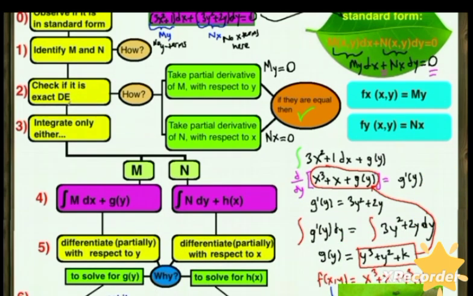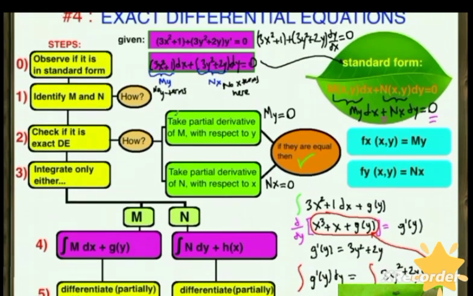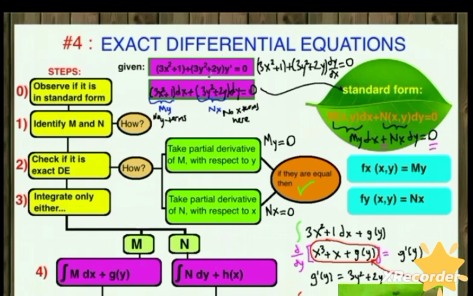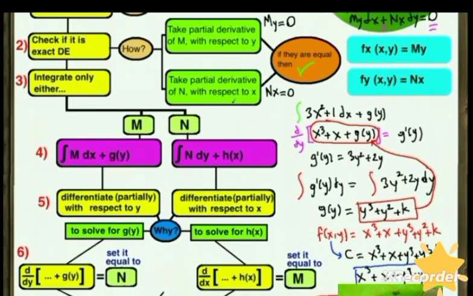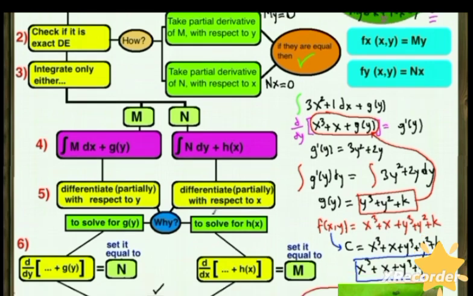Our next step is to integrate. We integrate either the M part or the N part. So either way is okay. Here we went through the M part. If you integrate the M part, you integrate it with respect to x and you add some function g of y. If you go the other path, you integrate N with respect to dy and add h of x.